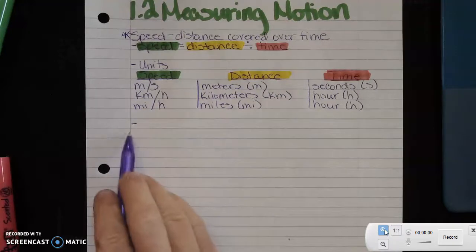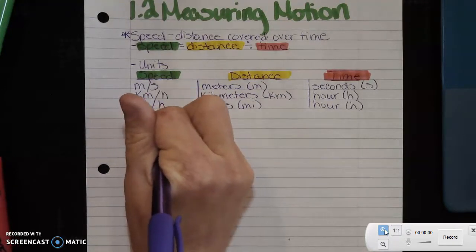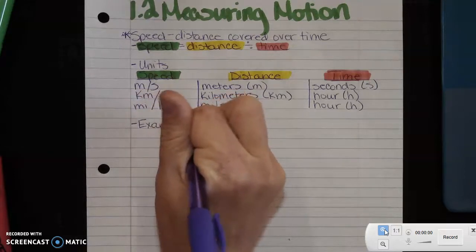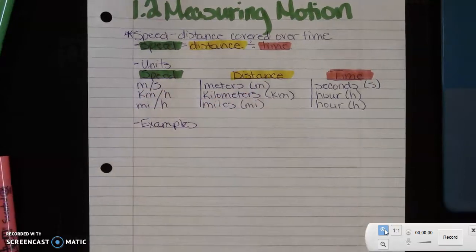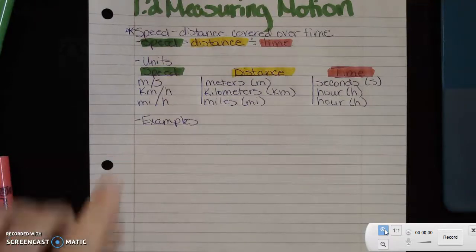Our new section is going to be for examples. We're going to do two examples. We've already dealt with some of these. When we did activity B of the Gizmo Lab measuring motion, we calculated the speed for each animal. We did distance divided by time, that gave us the speed.